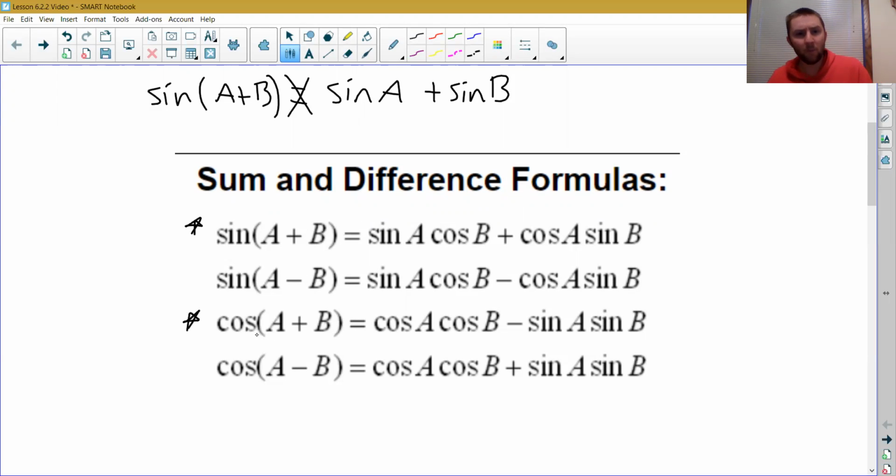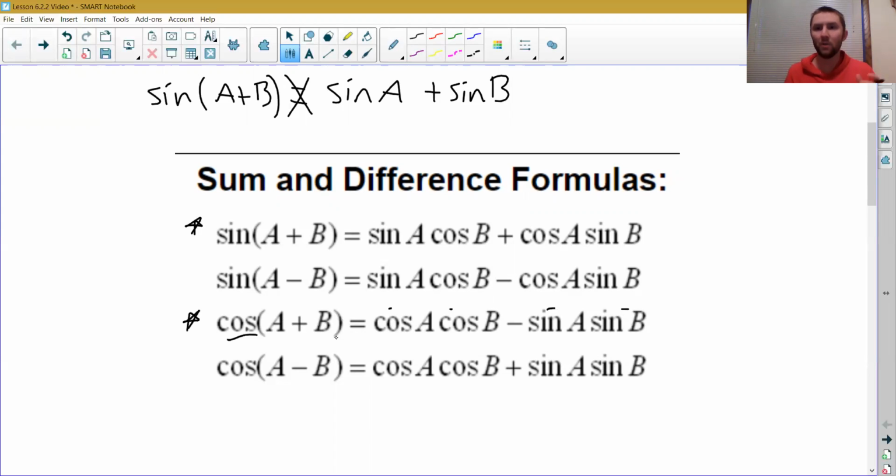If you're doing a formula for cosine, it's always cosine, cosine, sine, sine. So it always starts with the cosine. Then the symbol is actually the opposite when we're doing cosine sum or difference.